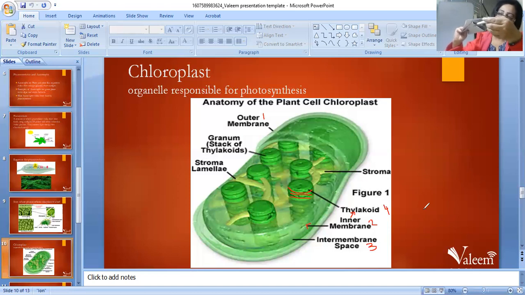Then you can see another folded membrane. Then another folded membrane. So this is how. Now I need you to understand this paper appears so small from every side, but if I unfold all these layers, it will become so large. It means that the inner membrane presents a very large surface area where photosynthesis can take place.